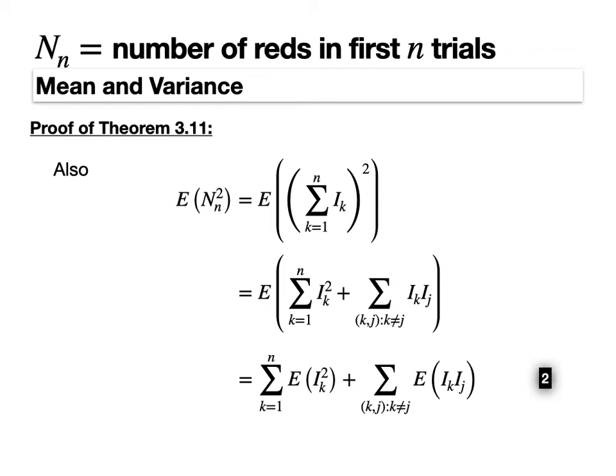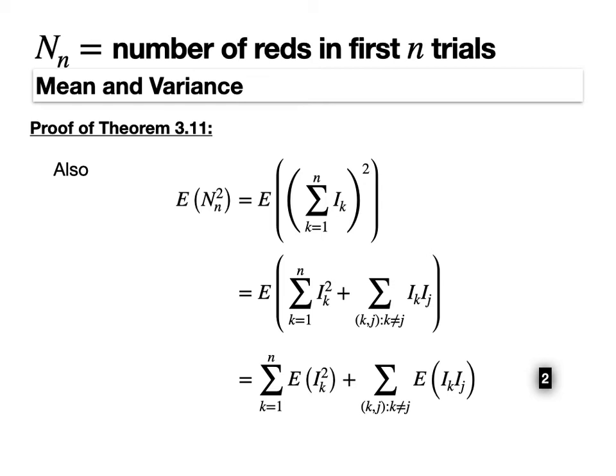Now, if you expand that sum, you get the expression there in the second line: the square of the sum of the I sub k's is equal to the sum of the squares of the I sub k's plus the sum over all pairs k, j, where k does not equal j, of I sub k times I sub j. If you like, you should try that with a sum like I1 plus I2 plus I3. Go ahead and square that out, and you'll see exactly what we mean there.